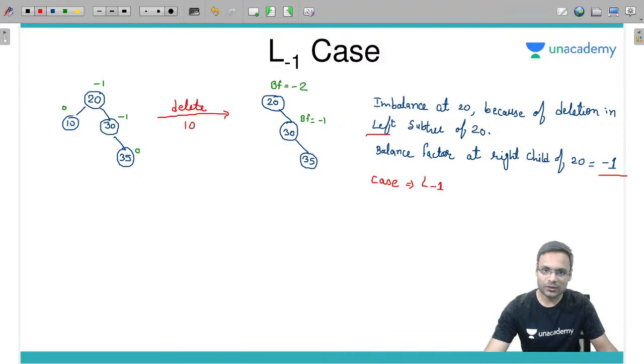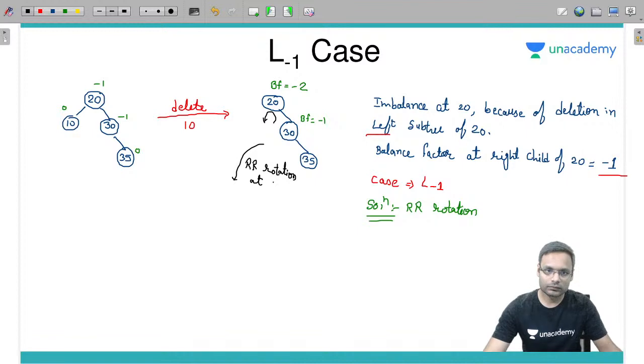अगर L minus 1 case है, what is the solution? Solution is single rotation here, RR. कर दीजिए apply RR rotation. Single left rotation at 20. Let's do that.